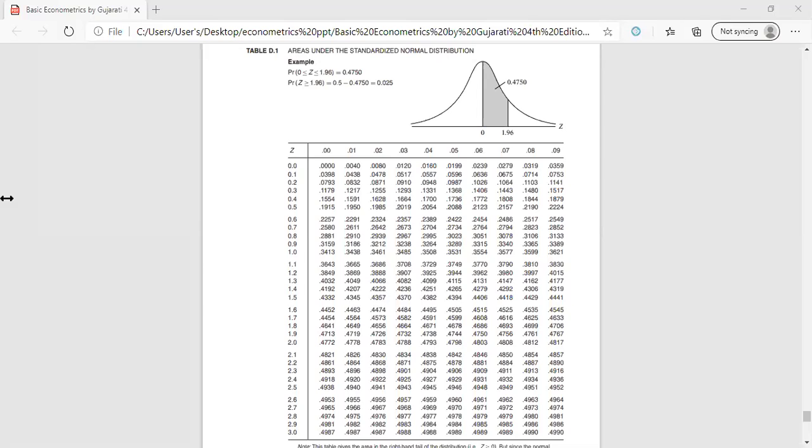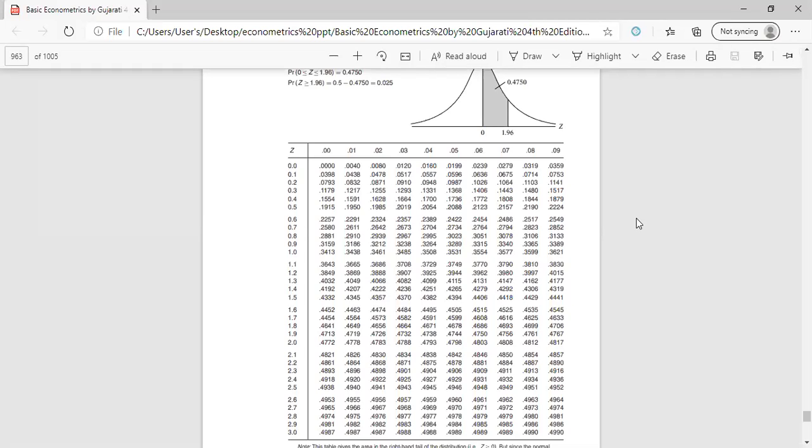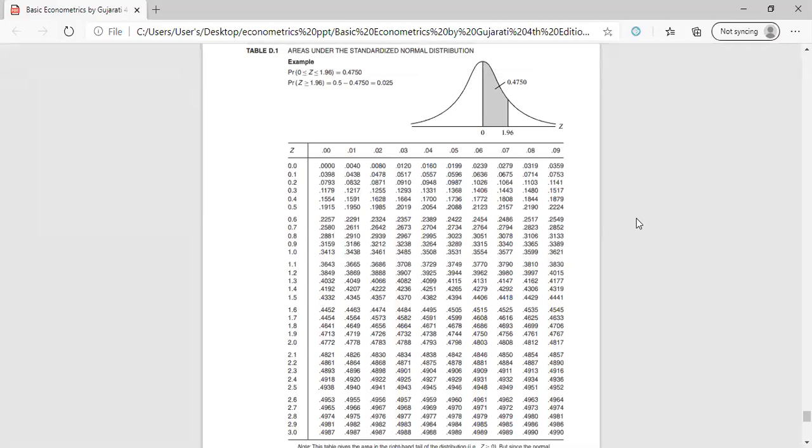Now, can you see my table? Yes, Professor. So minus 2.25 is somewhere here to the left. That means you have the whole area to the right of that.